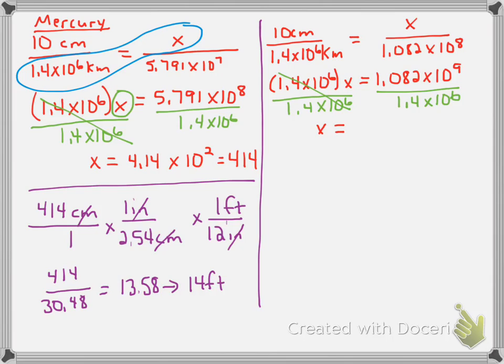What did you get this time? 0.773 times 10 to the 3rd power. So what would that be in standard form? 773.